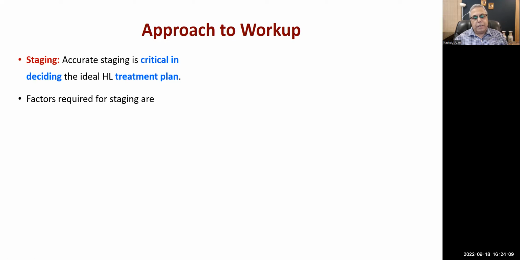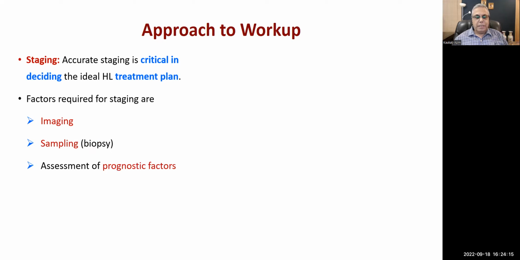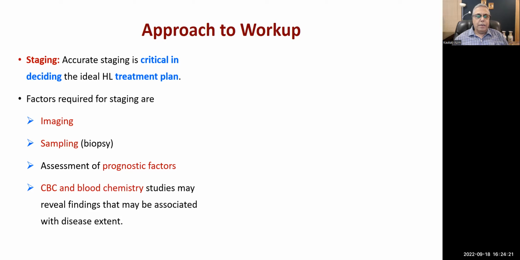And the factors that are required for staging are imaging modalities, sampling, which is biopsy, assessment of prognostic factors that I have already shown you, and complete blood count and blood chemistry. You have to keep a baseline of all these tests, because as the treatment progresses, we have to monitor how these baseline values are changing, okay?